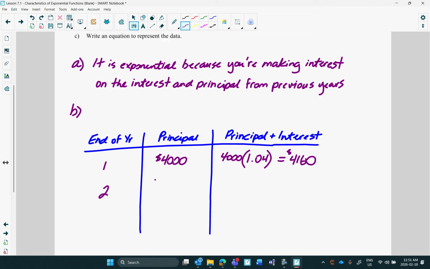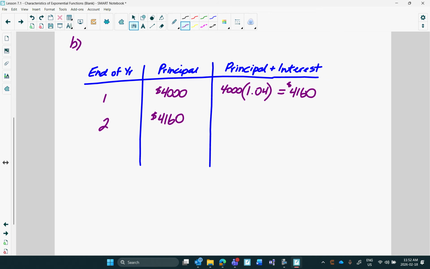At the end of year two, you had this. Actually, I'm going to change that. I'm just changing it to 4,000. Let's call it the original principal. So what happens at the end of year two? Well, you take your original, times it by 1.04 to figure out how much it's worth after year one, times it by 1.04 again to find out how much it's worth after year two.